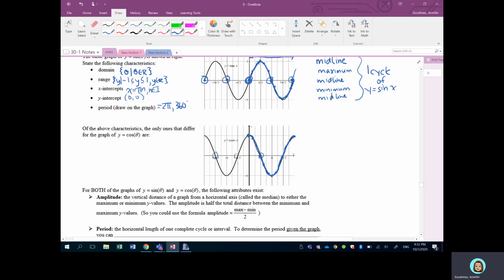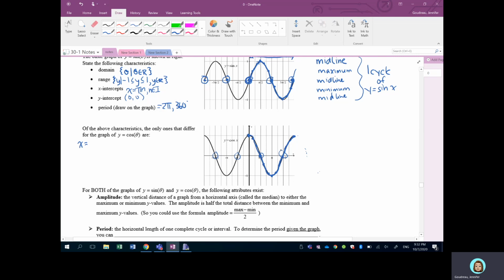So I can see 4 of them, but I know more are going to emerge. As this graph keeps going, it's going to keep crossing the x-axis. So just like with sine, we're going to write the x-intercepts as a general statement. Now it seems to happen at the pi over 2's: -3 pi over 2, -pi over 2, pi over 2, 3 pi over 2.